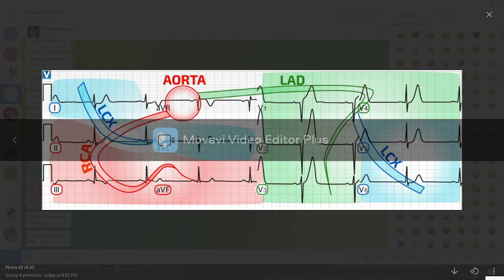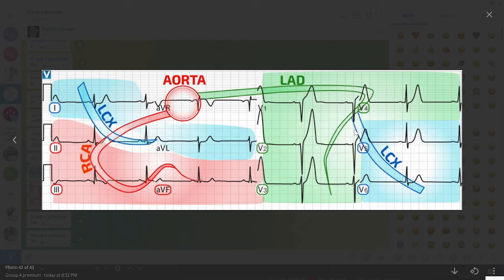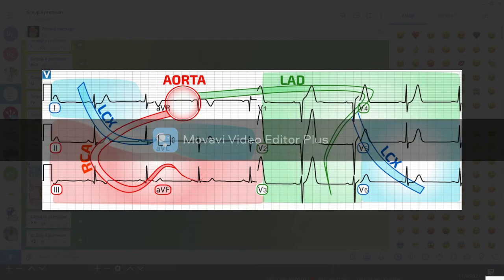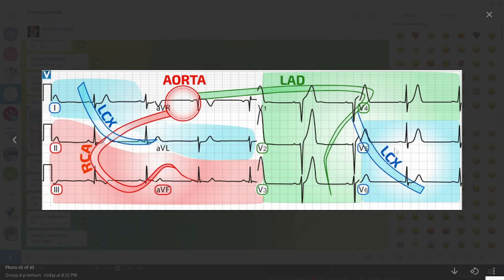So if you have occlusion of this vessel, the ST segment elevation will be at V2 and V3 only. If someone has an occlusion of the left circumflex itself, like here, he will have an ST segment elevation in which leads? Okay, so lead 1, aVL, what else? And V5 and V6, exactly: V5, V6, lead 1 and aVL.